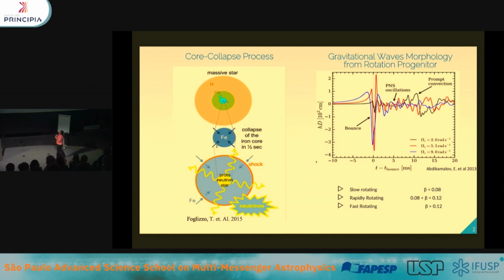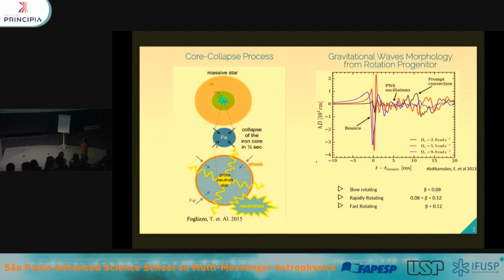So this is the morphology of the gravitational waves only for the rapidly rotating core, okay? The Abdikamalov group did many numerical simulations, considering all of the physical parts, and principally the rotation.